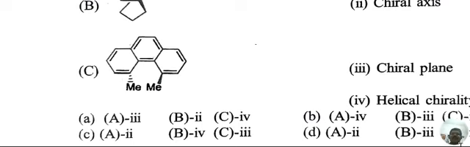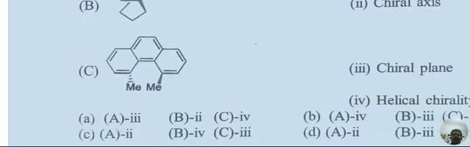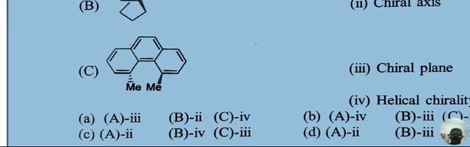So you can easily say option A, the chiral center given here, is not applicable, right? Look at compound A. It has a chiral axis passing through it.